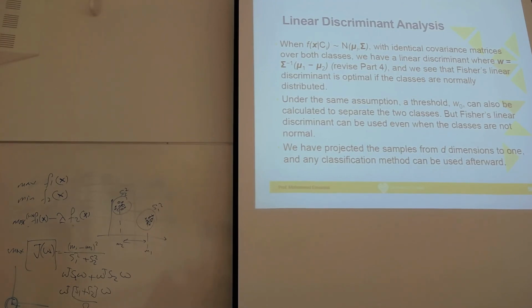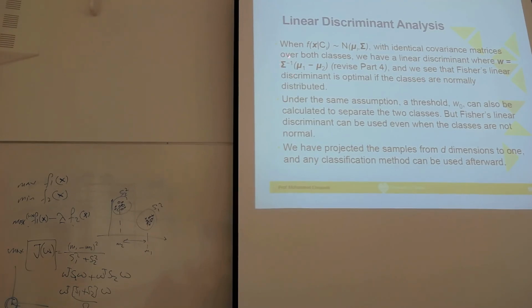Actually, if we assume that the data in each class is normally distributed, so that the distribution of x given a class Ci is normal with mean vector mu i and covariance Σ, and we assume an identical covariance matrix for each class, then if you compute the optimum linear discriminant that we have already given in part 4, you will get this result.